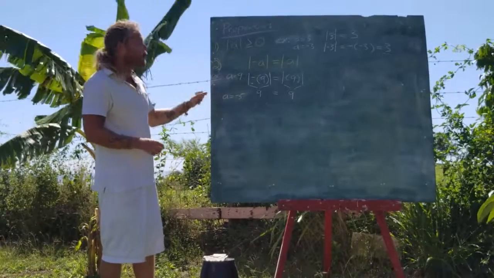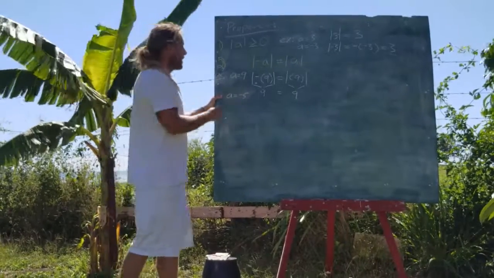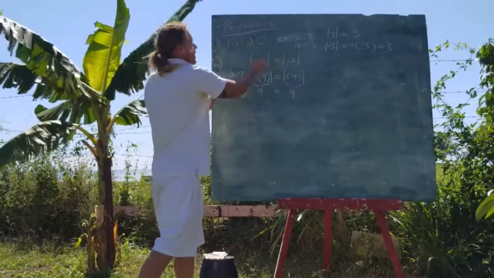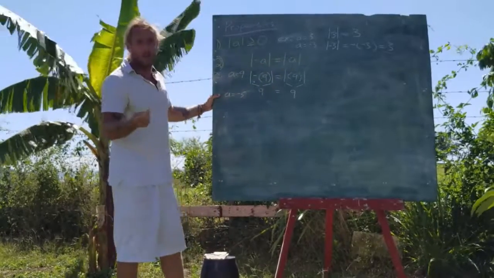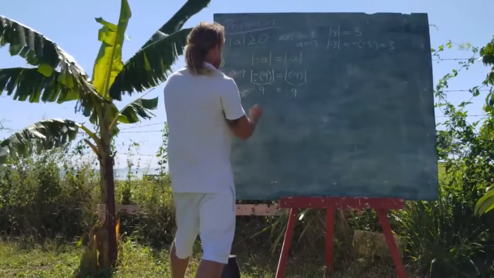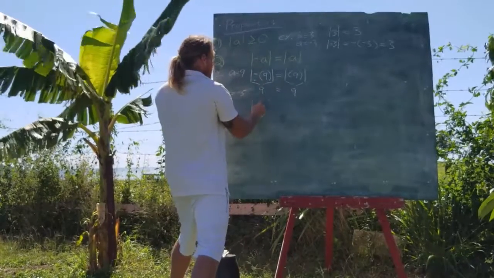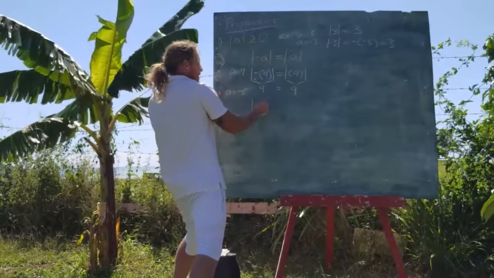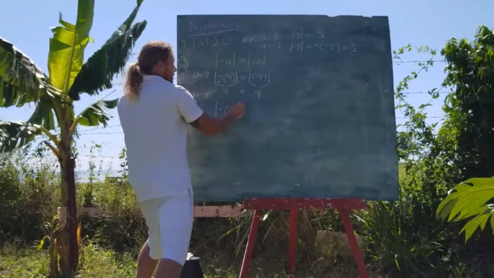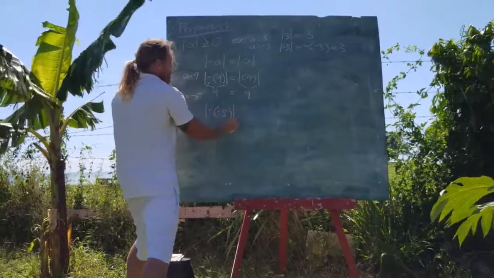We'll let a equal a negative number. See if this holds. If a is negative 5, does this statement hold true? Well, let's take a look. Let's substitute in. So the absolute value of negative a, with a being negative 5. I hope you're seeing the importance of substituting with parentheses.